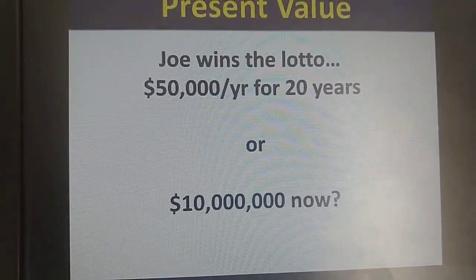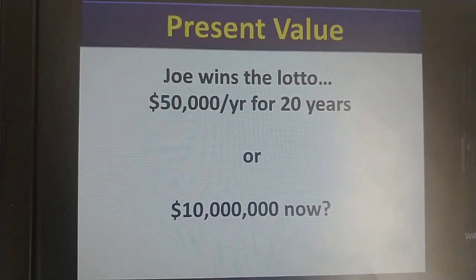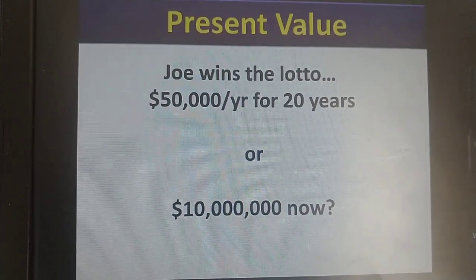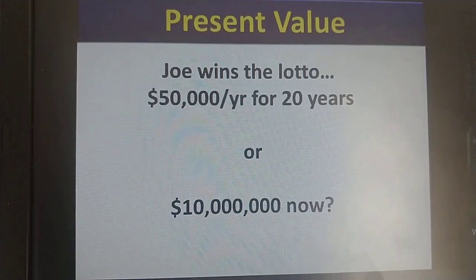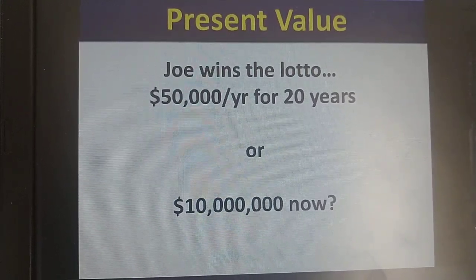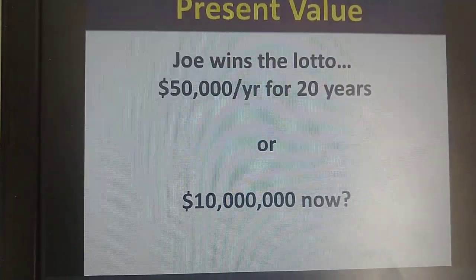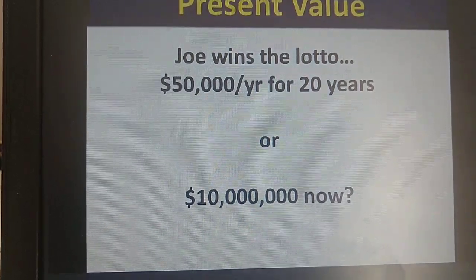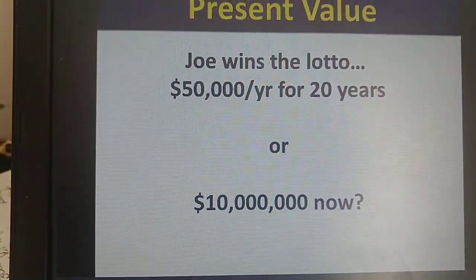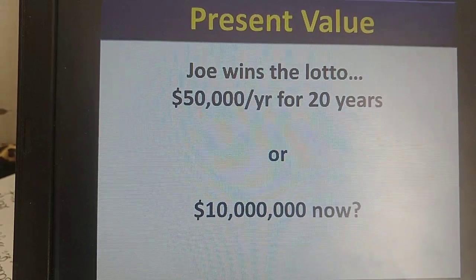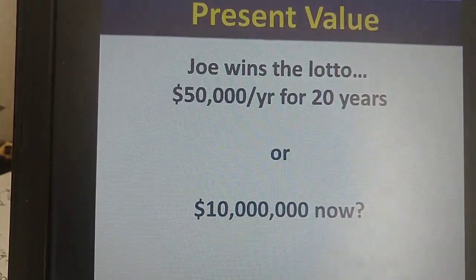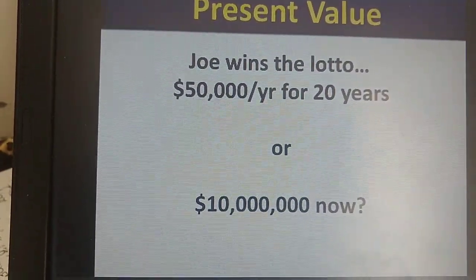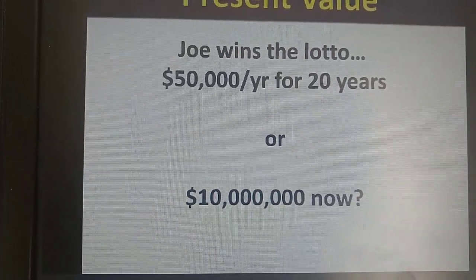As an example, Joe wins the lotto. You get $50,000 a year for 20 years, or you get $10 million now. Which one would you take? Of course, Joe's going to take $10 million now. That doesn't always work out that way. It might be $6 million now, or $10 million over 20 years. But you understand the point. People would rather have cash now than cash flow over a period of time if it's the same amount.